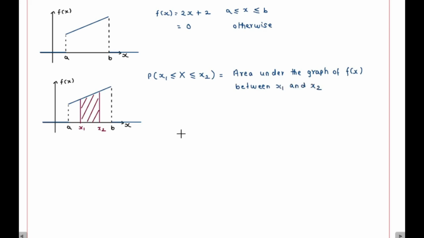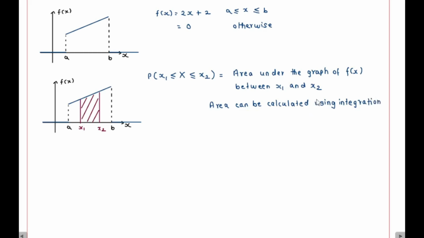How can we find this particular area? The area can be calculated using integration, which you might have studied in pure math 1, or using geometry.